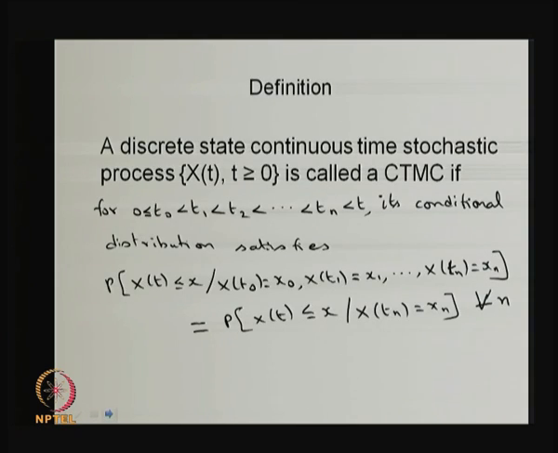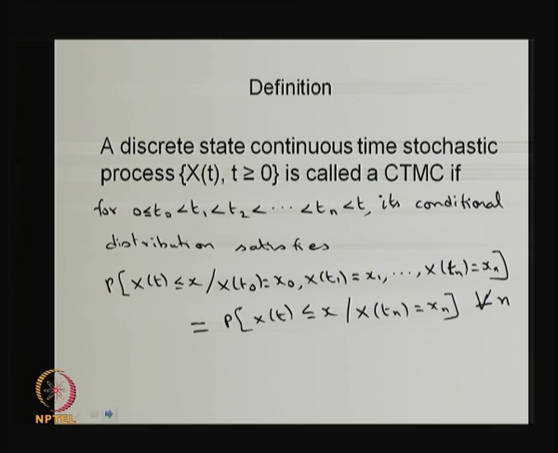Let me start with the definition of continuous time Markov chain. A discrete state, continuous time: the state space is discrete, that means the possible values the random variable can take is finite or countably infinite.